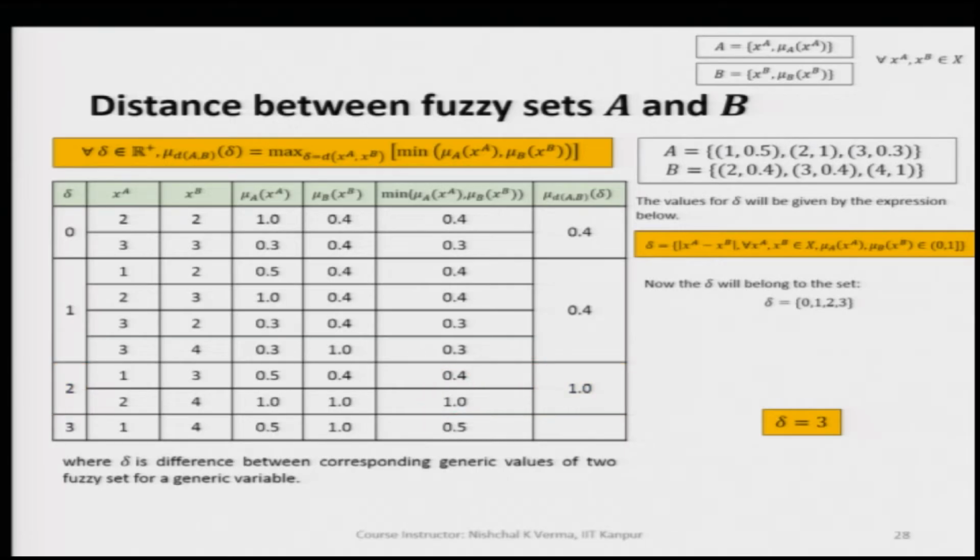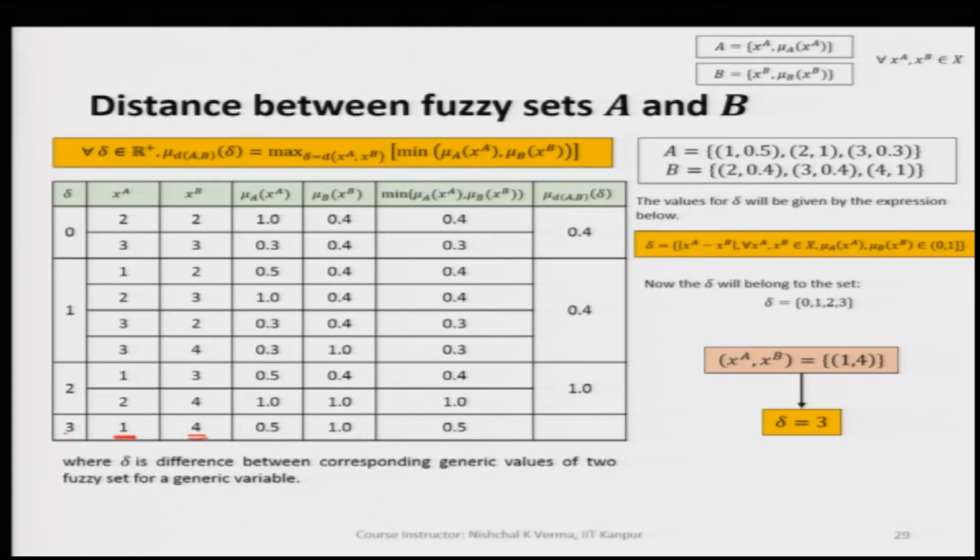Next, let us try to find all the pairs for which delta is equal to 3. For delta is equal to 3 we get only one such pair, and we use these values 1 4 as the pair elements.